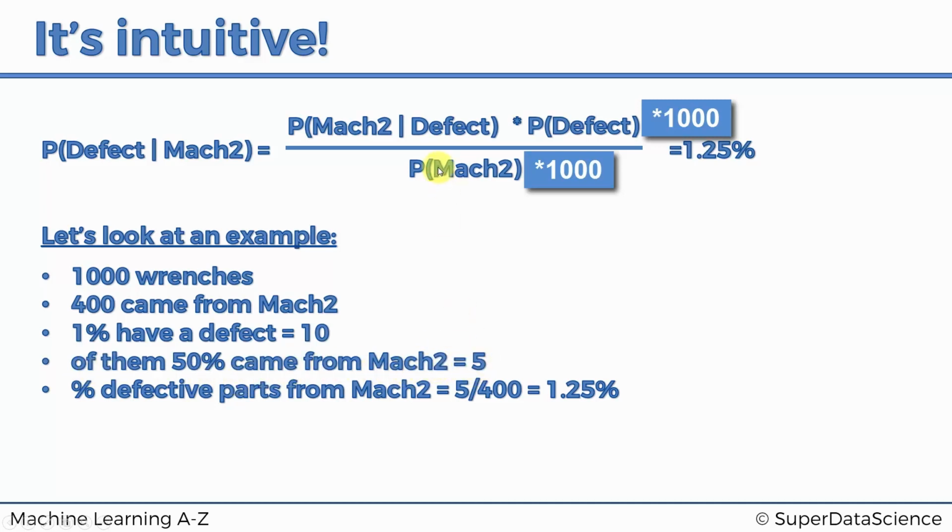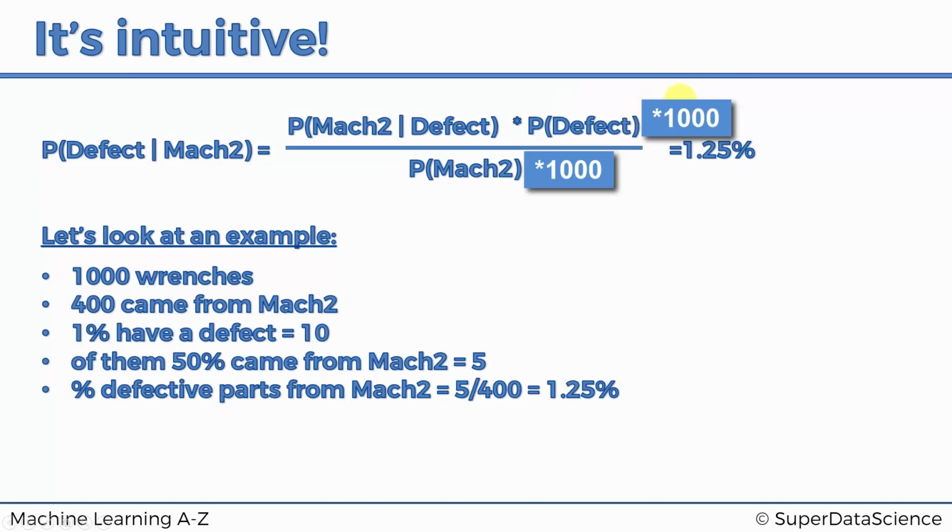This line is actually us performing this operation here. We're saying the probability of a part coming from machine 2, given that it's defective, is 50%. So basically, to get to this, we took 50% and multiplied it by the 10, which is 1% times 1,000.